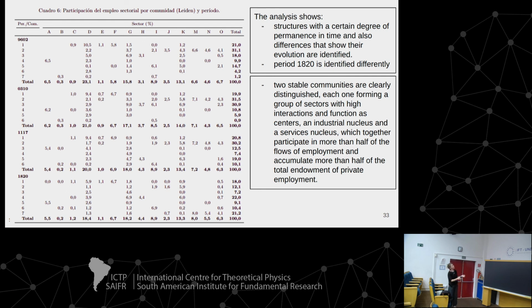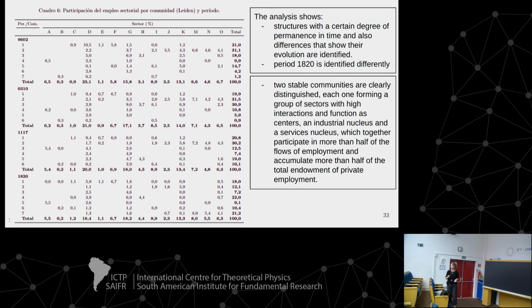And you can see, for example, that the first big industrial nucleus, in this year, captures about 21% of employment. So here you can also analyze, per year, how much employment each community has.